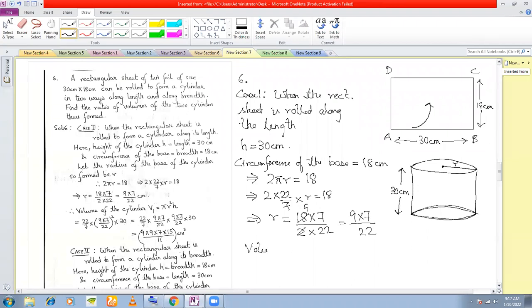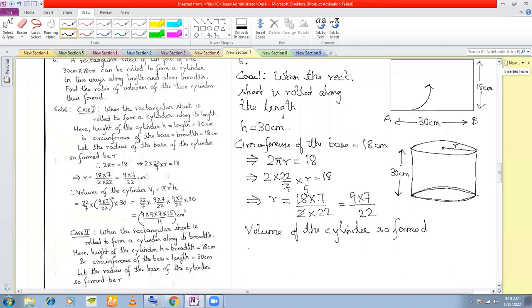Volume of the cylinder so formed is pi R square H. Put the value: 22 by 7 into R, which is 9 into 7 divided by 22, square, into height here, which is 30.